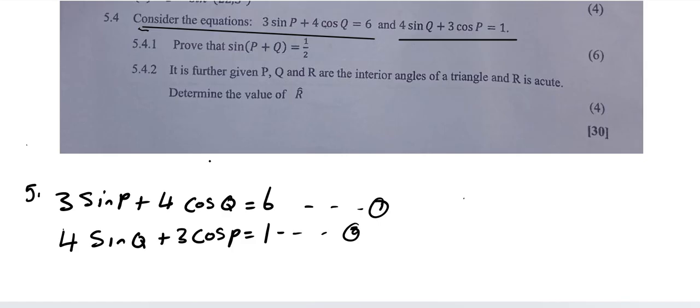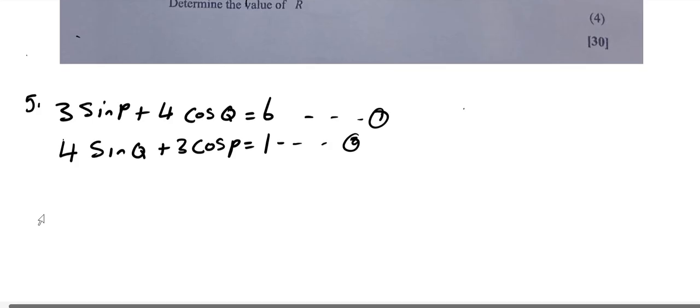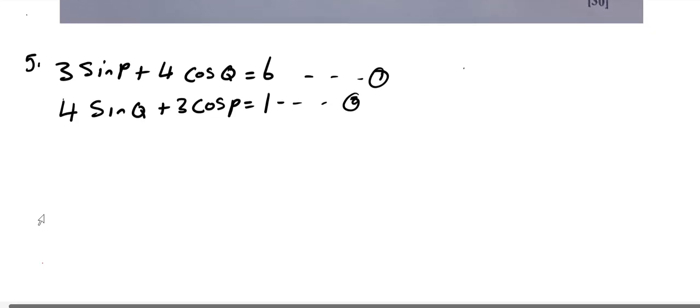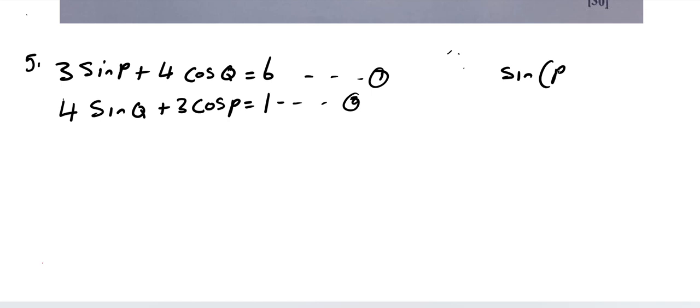And then 5.4.1, they say prove that sine of p plus q is equal to 1 over 2. Let's work it out. First of all, they are requiring you to prove that sine of p plus q is equal to one half.